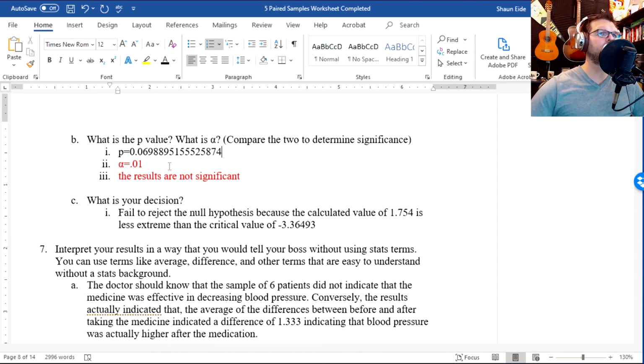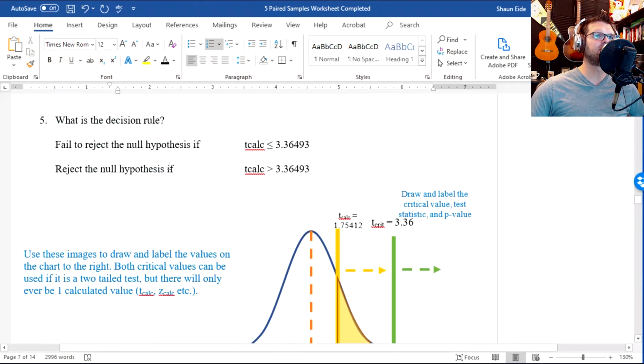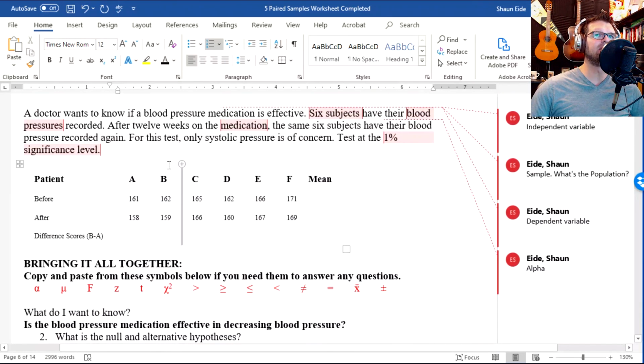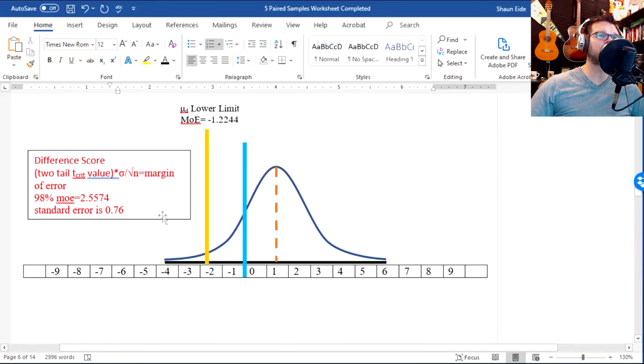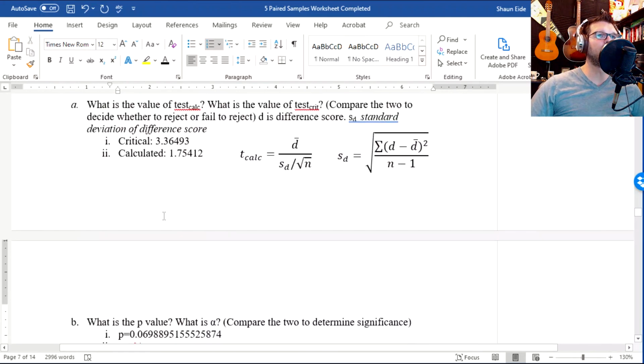And the reason why this is really important is because, especially with medical tests, you want to make sure that you don't have a 5% chance of saying, hey, it actually does something, when in actuality it doesn't. So we really want that alpha of 0.01.